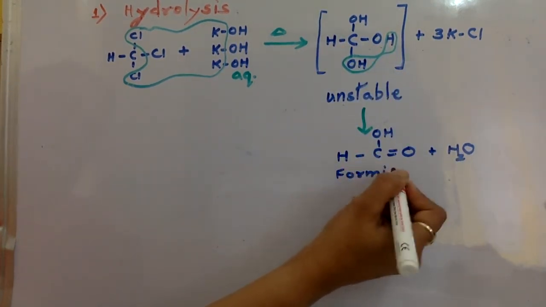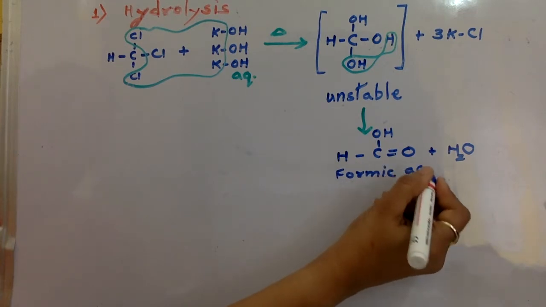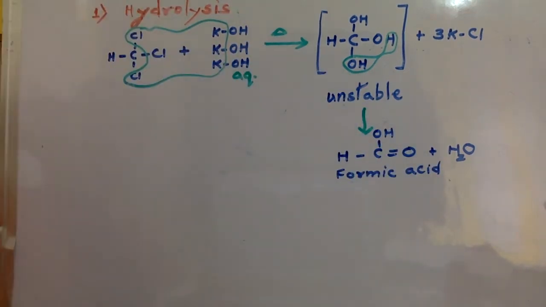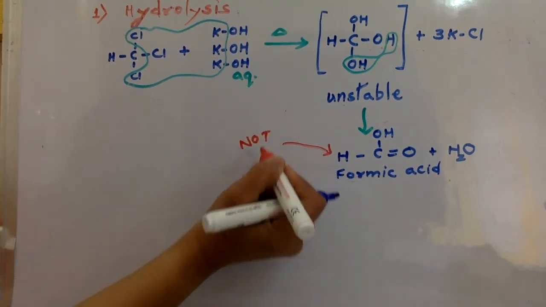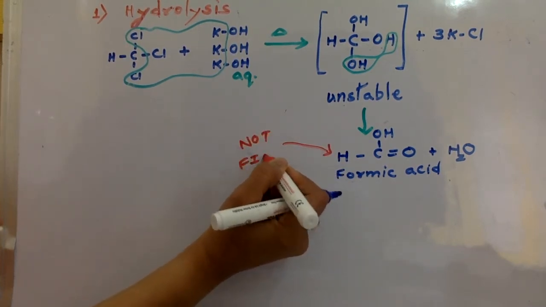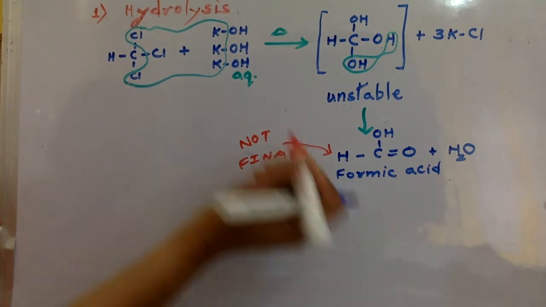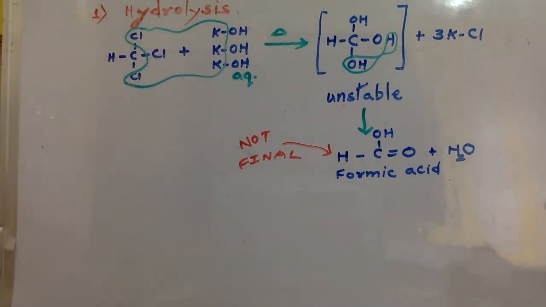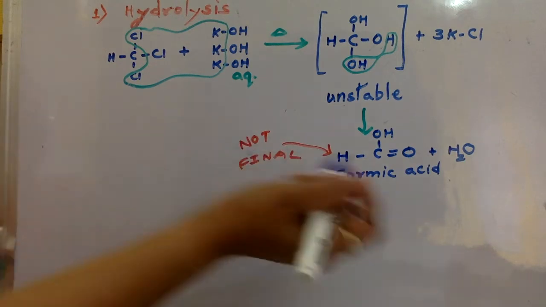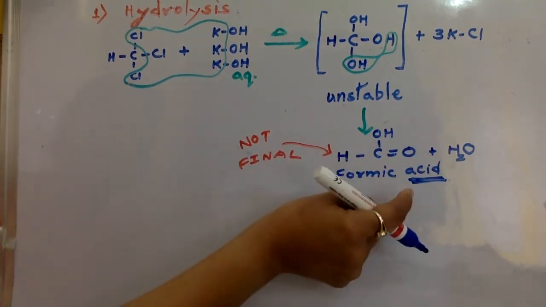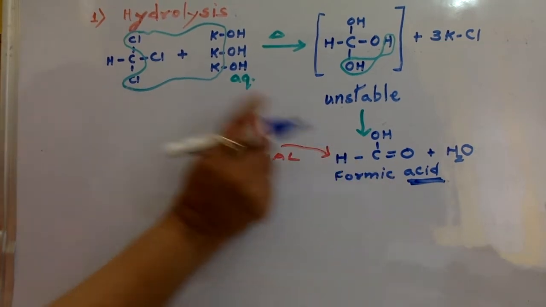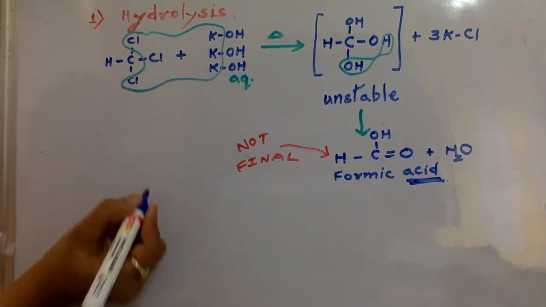But students, this is not the final product. Why is this not the final product? Because formic acid, how can you get acid as a product in front of base?